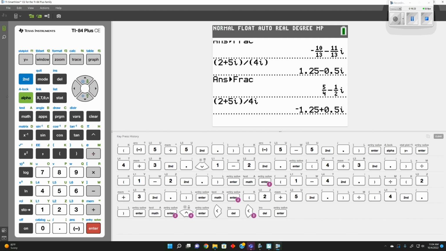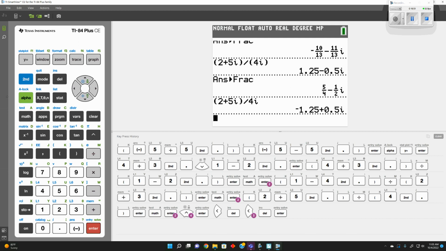Now, the reason for this is because the calculator saw it as 2 plus 5i over 4 times i. It saw the division, and then it multiplied it by the i. Because if we multiply it by i, we would get 2i plus 5i squared over 4.